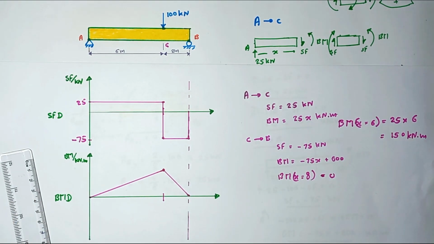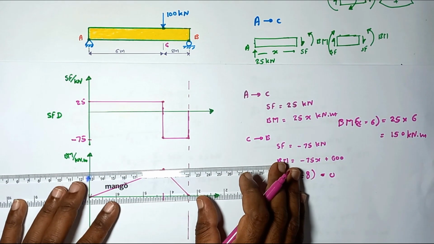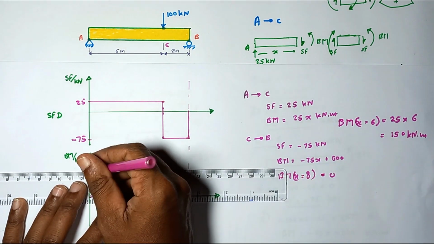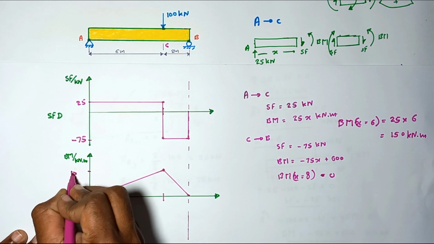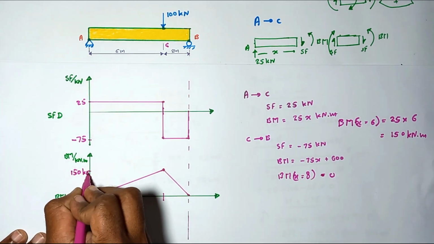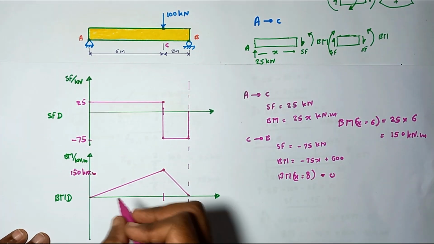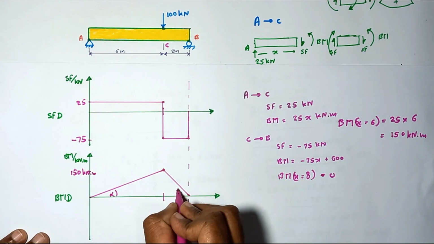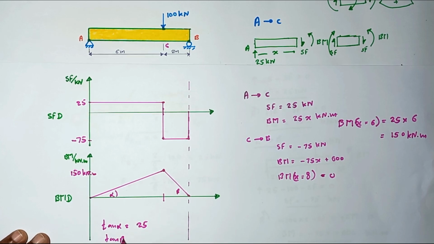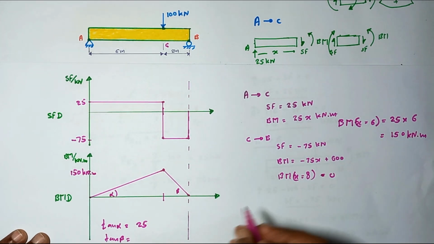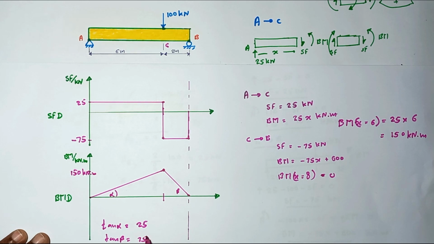We can mark the maximum value, which is equal to 150 kilonewton meter. With slope angles alpha and beta, tan alpha is equal to 25, tan beta is equal to 75.